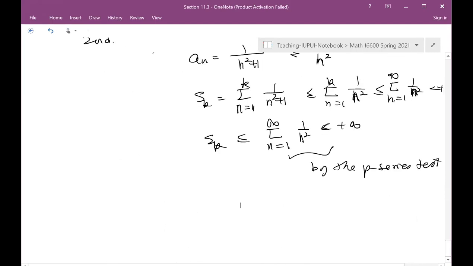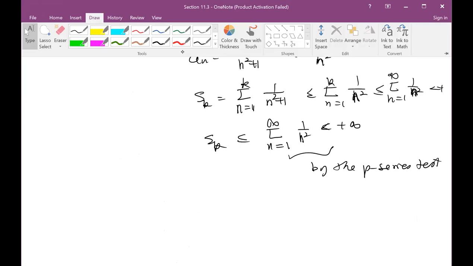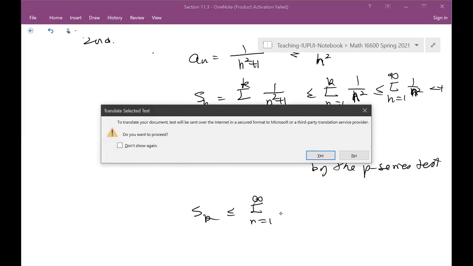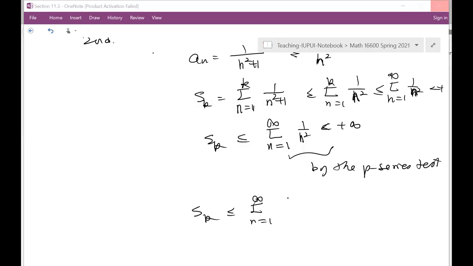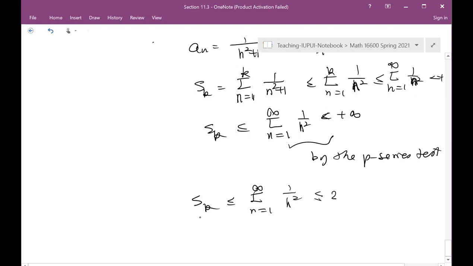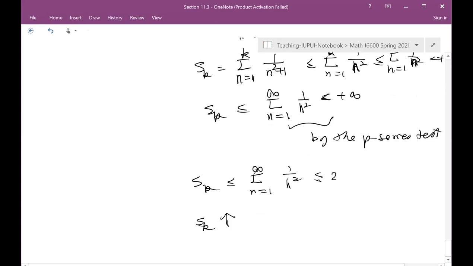So s_k has an upper bound. It's less than 2. However, as a sequence, s_k is increasing, right? Because every time you add positive terms.